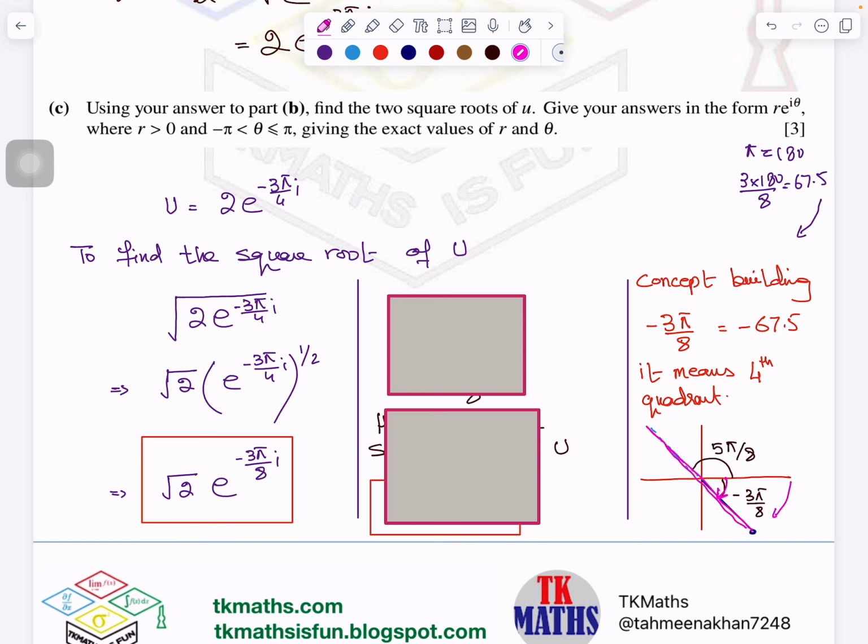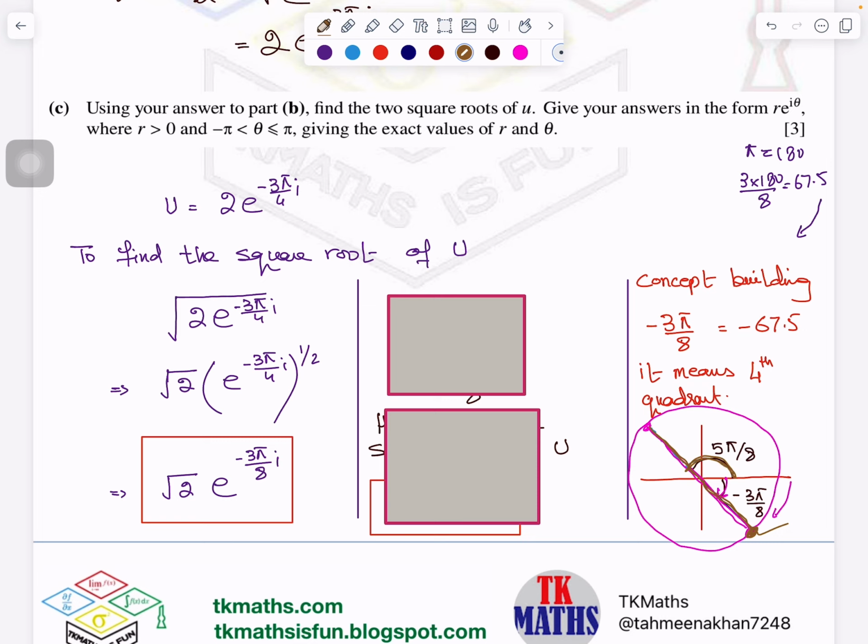And we can say these endpoints are the square roots and they are the diameter of a circle. This is due to the geometrical property of the complex number, and it is related to the Argand diagram, by the way. So my one answer, which I know is here in the fourth quadrant, and the radius will be the same because the magnitude of the square root will remain the same. The only concern is how to find out this angle.